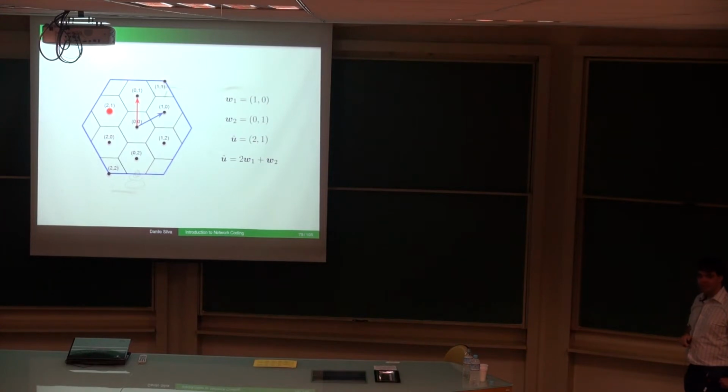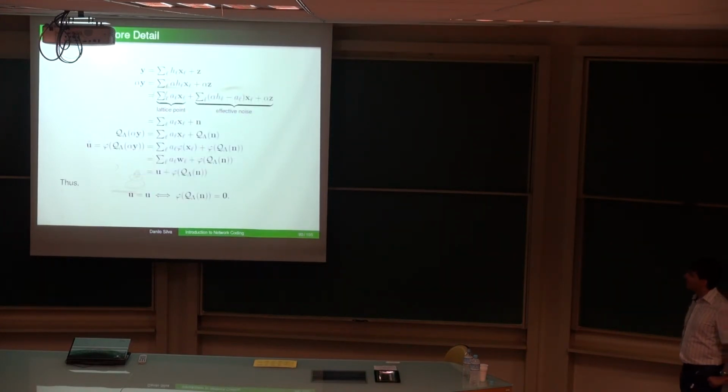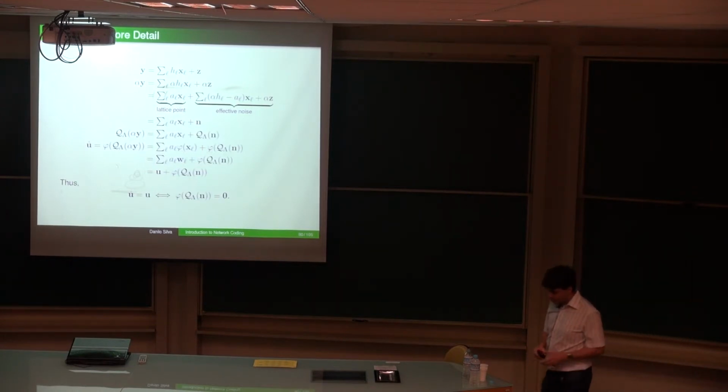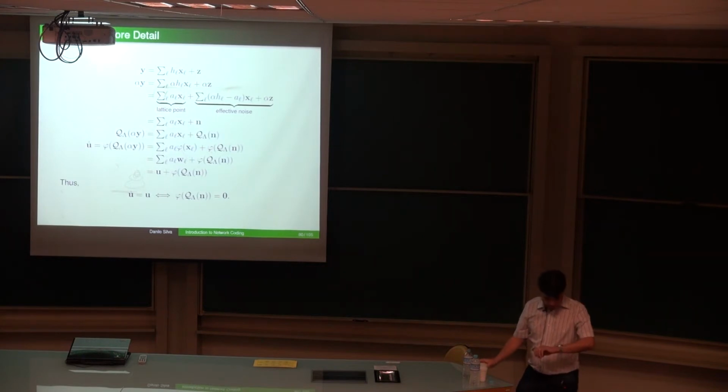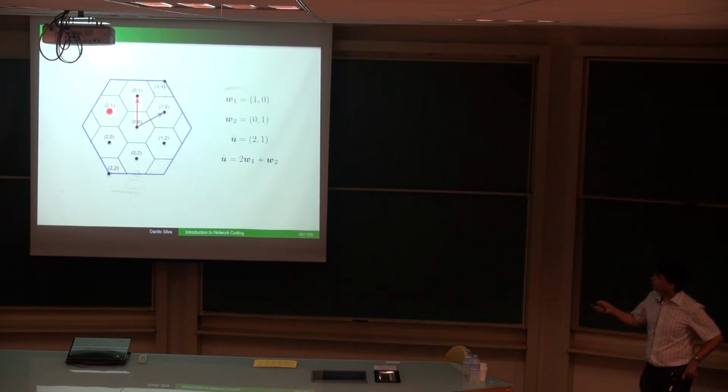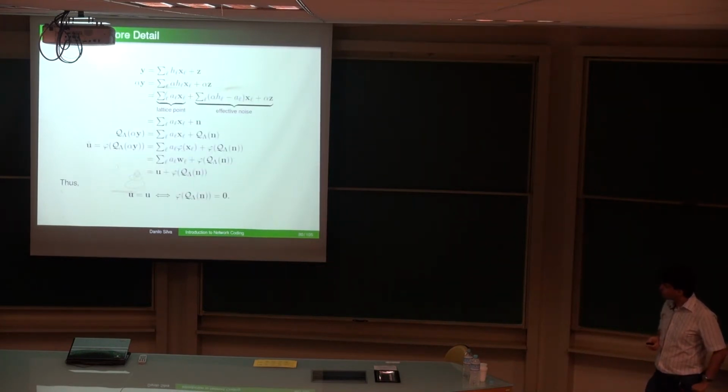Any questions so far? So now, what if the channel gains are not integers? The strategy here is to multiply the received vector by alpha. When you do this, you can separate the lattice point and this other contribution, which is called the effective noise.